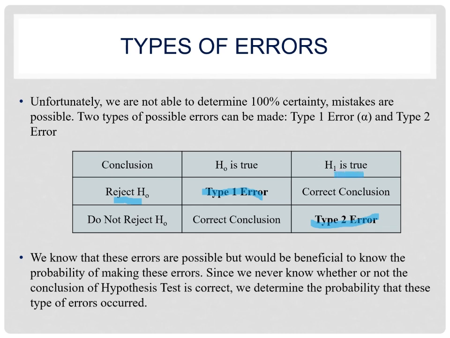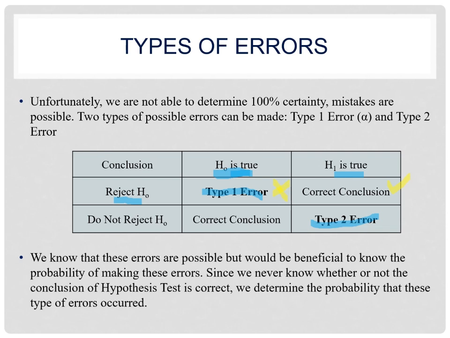If that's true, you're fine. You've made the correct decision. However, if you decide no, the average is not 20, I think it's 18, but you're wrong and H0 is true, you've made a Type 1 error.